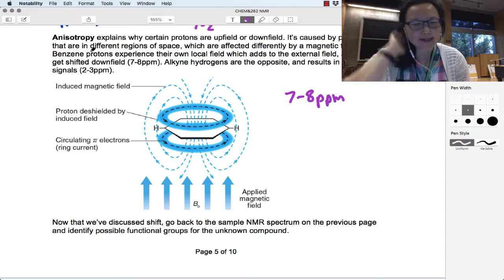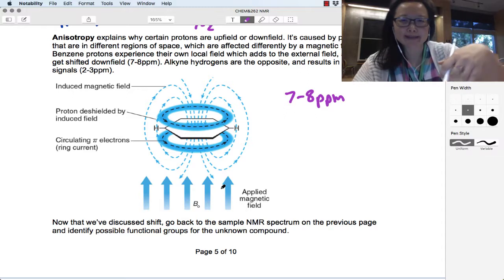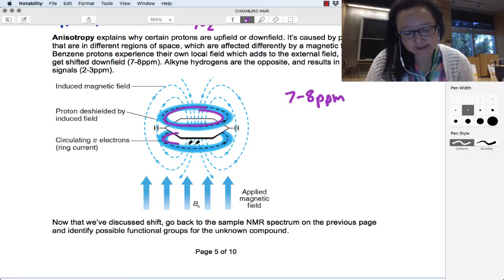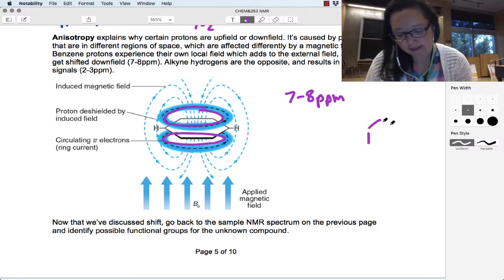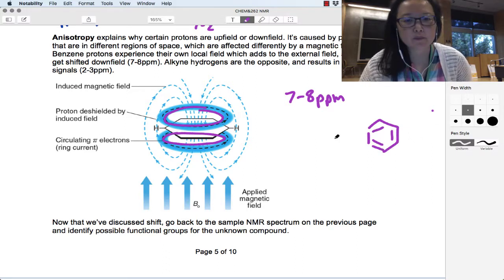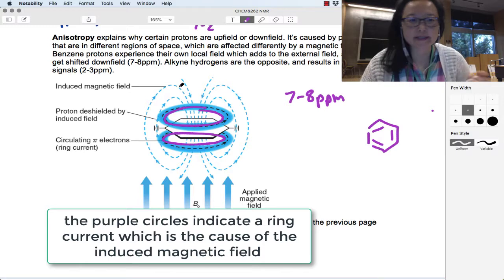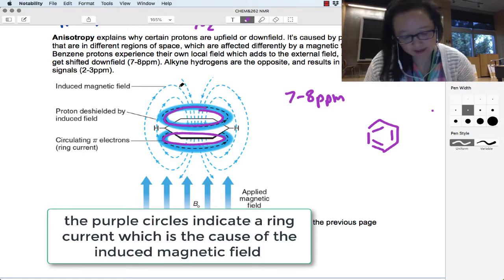Basically, when some molecules with these pi systems, like alkenes and benzene rings, feel that magnetic field, so you put a magnet next to a benzene ring, the pi system of the benzene ring, which is the double bonds here, the pi bonds, will cause an induced magnetic field. And that magnetic field sort of looks like this.